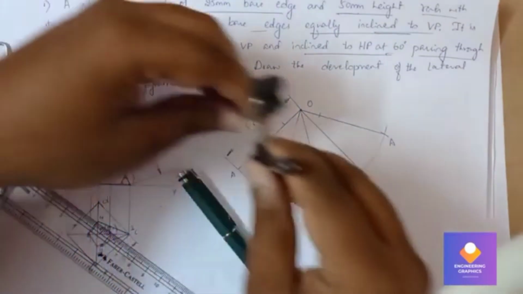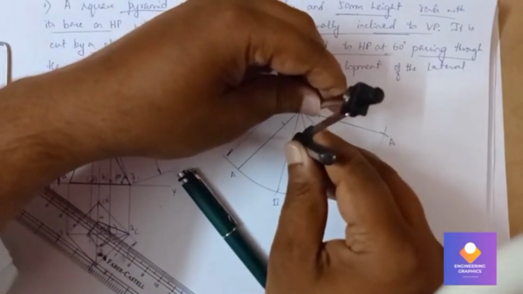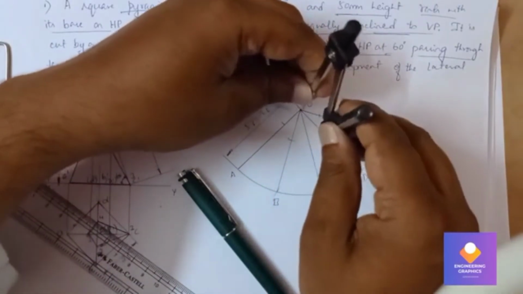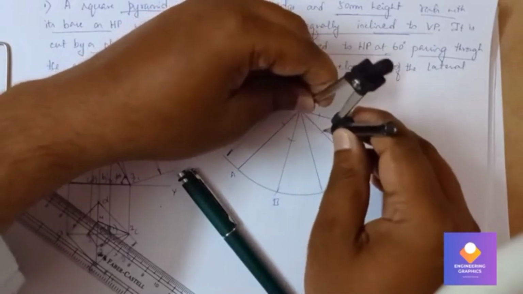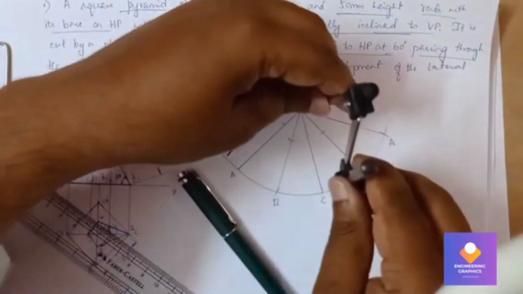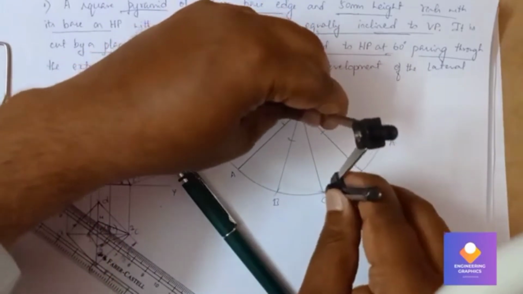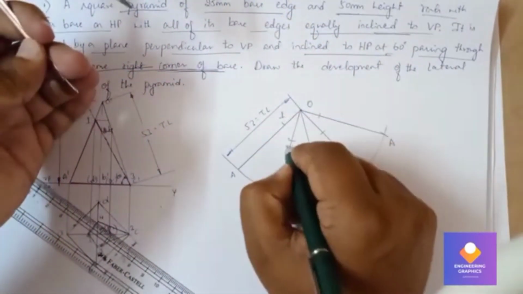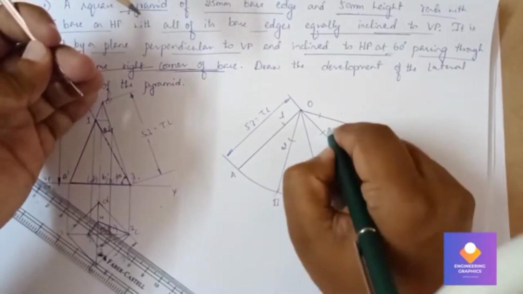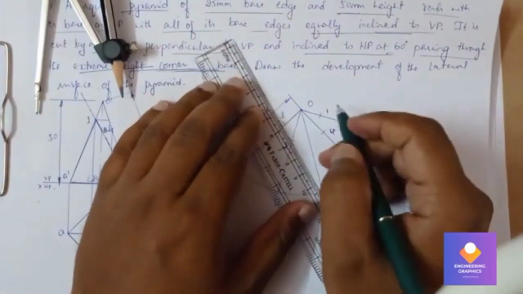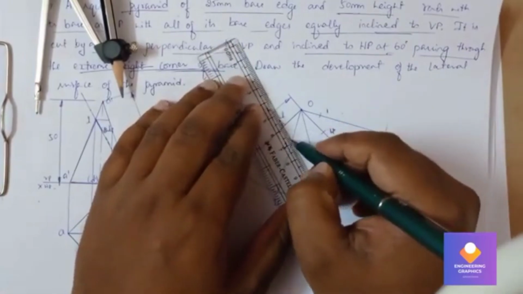We have considered this length on the true length. 2 and 5 have the same length. Then O dash and 3 is cutting exactly at the 3 point, at the C point. That is 1, 2, 3, 4, and this is 1 again. Now we have to join all these points, connecting them with a straight line.